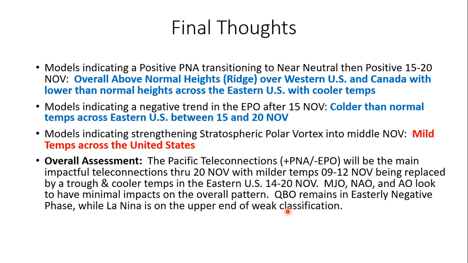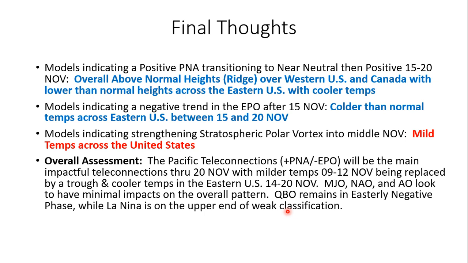Initially, as the PNA trends towards neutral temporarily and the EPO trends towards neutral temporarily, we get milder temperatures between 9 and 12 November. But those milder temperatures will be replaced by a trough and cooler temps in the eastern U.S. between the 14th and the 20th of November. Really, the 14th of November looks like a transition day as a strong cold front moves across the eastern seaboard out to the western Atlantic.